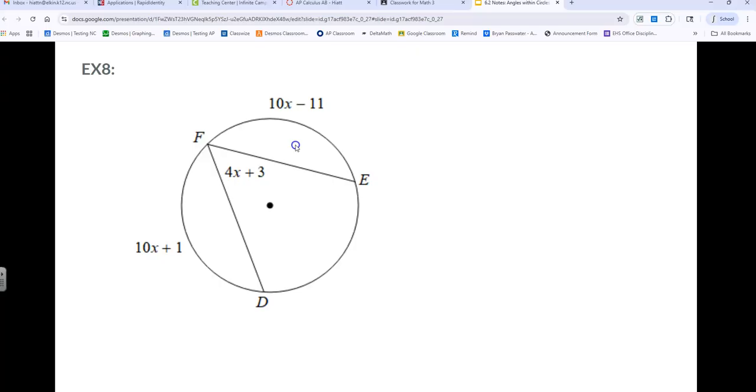All right. So here, I've got a lot of stuff going on, and none of it has just straight numbers. It's got variables.